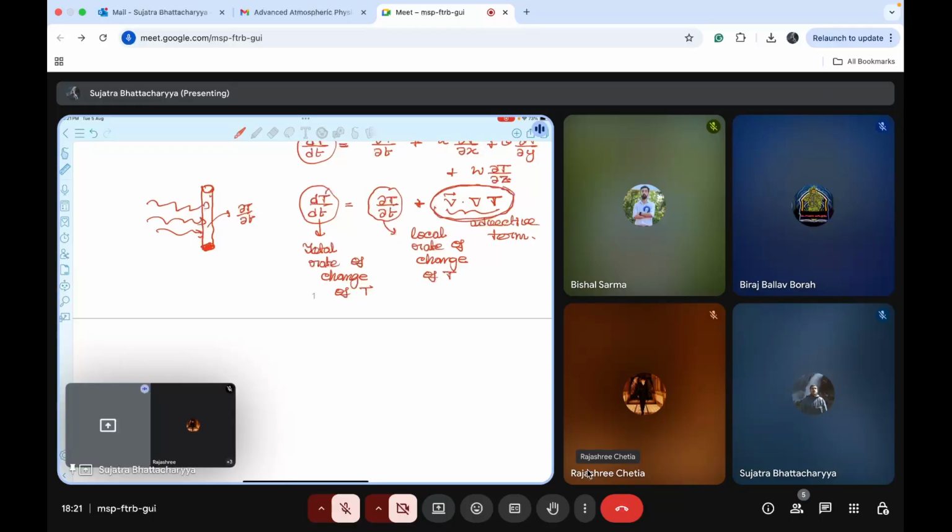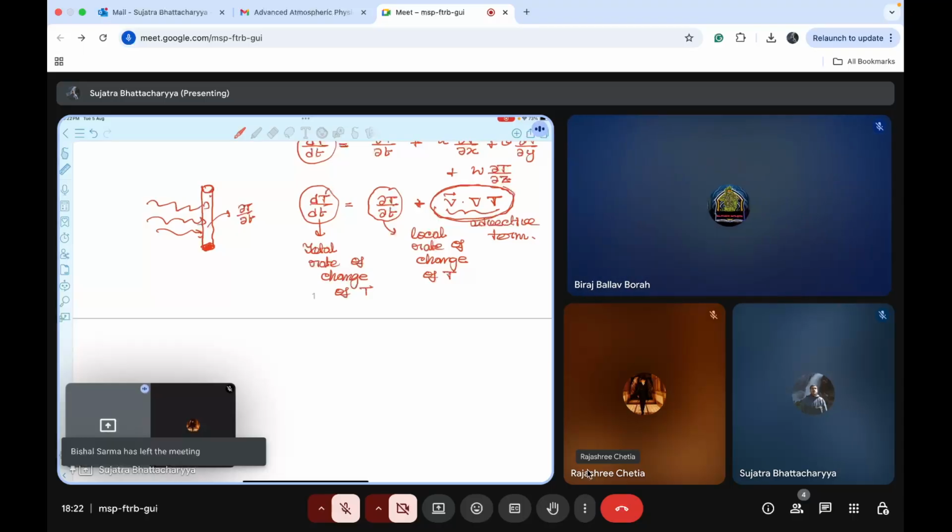Okay, and another is the local. That is from the local factors, because of your urbanization, because of some day-to-day variations. Some temperature will change. That is your local change. So the total rate of change of a particular temperature is based on the local change, that is the stationary change over that particular region, and the advective term coming through the winds.